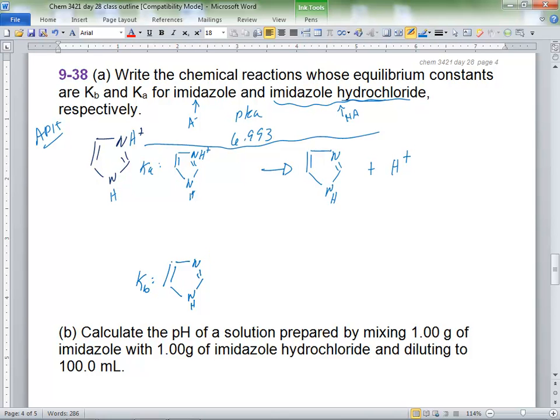God, that's horrible. All right. Kb reactions: the conjugate base plus H2O makes my conjugate acid. Good. Oh, I forgot. Plus OH minus. Okay, so there's our Ka and our Kb reaction.